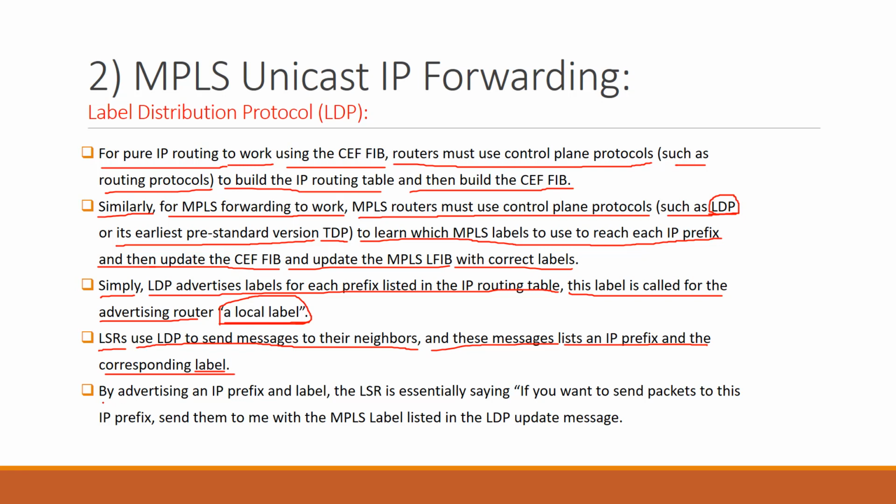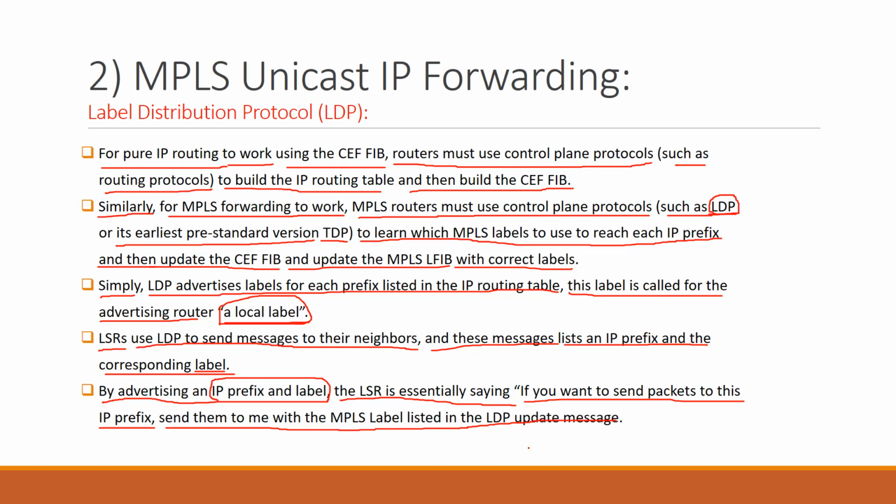So by advertising an IP prefix and label, these are the message contents: IP prefix and label. The label switch router is essentially saying to the advertising router, if you want to send packets to this IP prefix, send them to me with the MPLS label listed in the LDP update message.